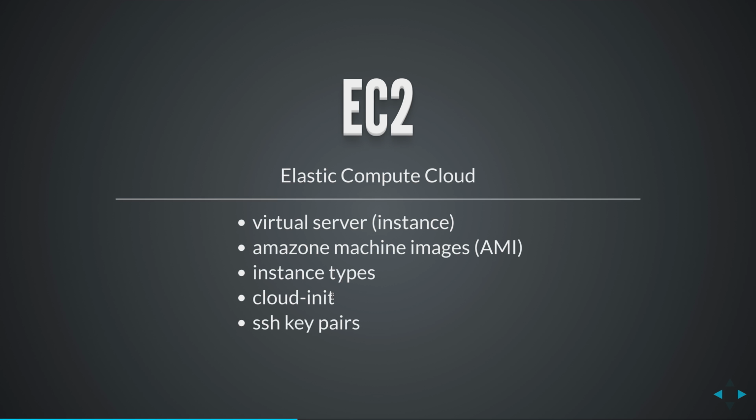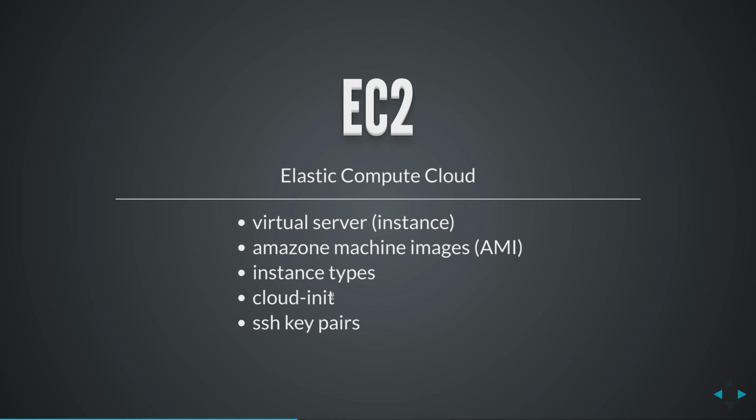The EC2, that's your virtual server, the instance, is built from the Amazon machine images. If you launch that and you specify a specific type, it will build and configure that from the Amazon machine image that is prepared specifically for that purpose, and it's using Cloud Init to configure it.